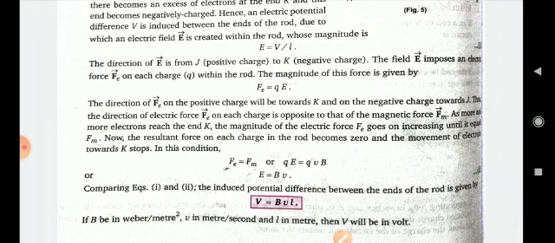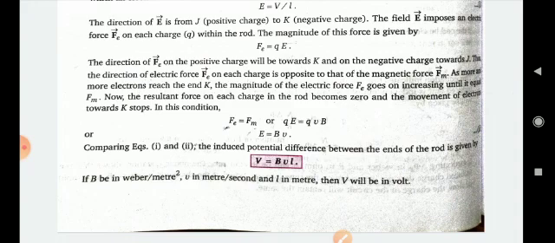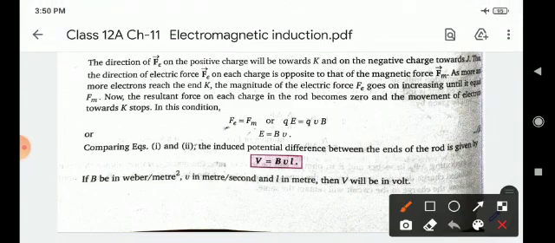As more and more electrons reach the end K, the magnitude of the electric force Fe goes on increasing until it equals Fm. Now the resultant force on each charge in the rod becomes zero, where Fe equals Fm.